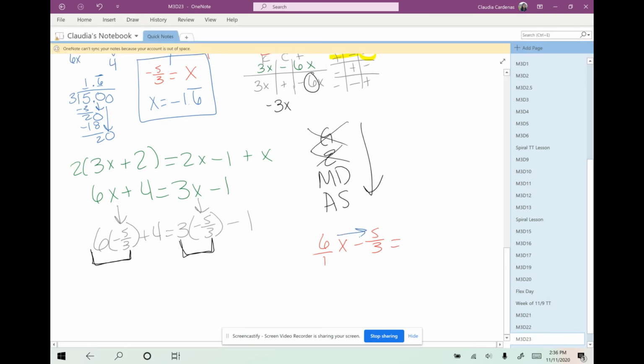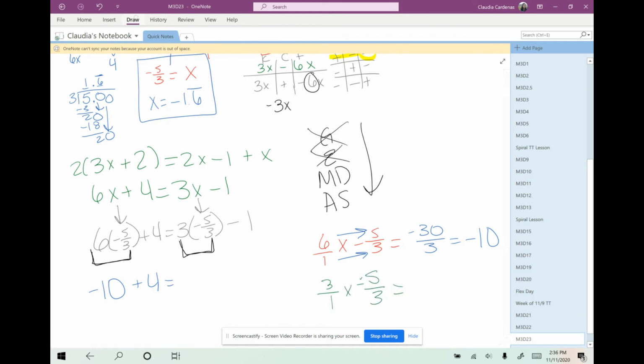I also know that I multiply straight across to get -30/3, which would be simplified to -10 plus 4, because we didn't do anything with the 4 yet. And then 3/1 times a -5/3, remembering to multiply across once more, gives me a -15/3. And when I simplify, I get a -5. And then bring down the -1.